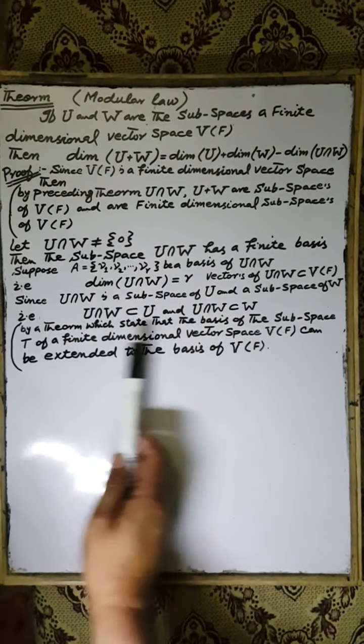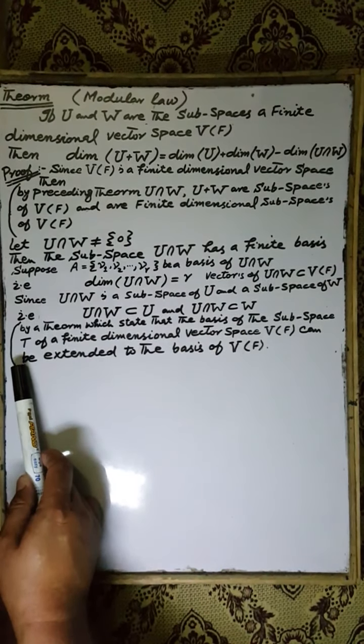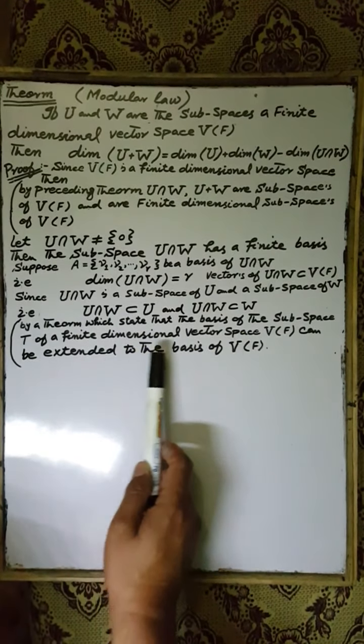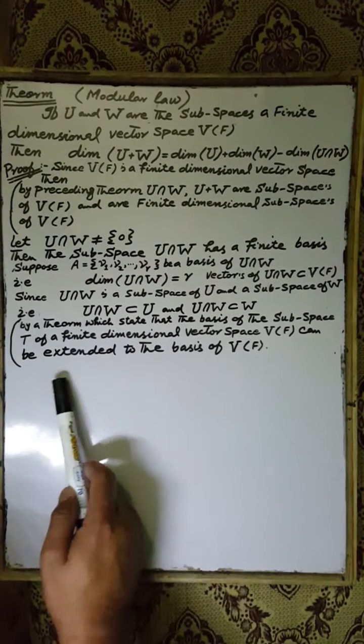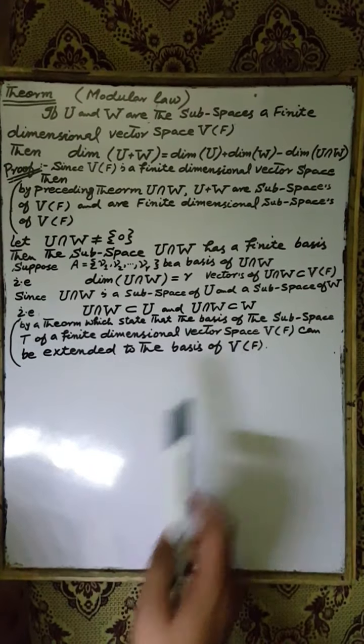Now, by a theorem, we state that the basis of a subspace T of a finite dimensional vector space V over the field F can be extended to a basis of the vector space V.